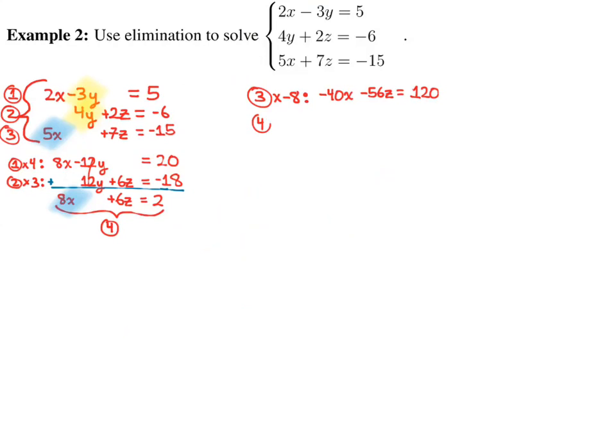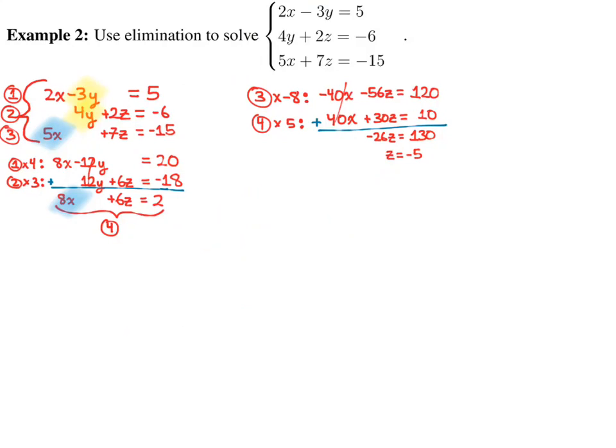Take equation 4, and if you multiply it by 5, you're talking about 40x, and you're talking about 30z, and then you're talking about 10, and if you add them up, then the x's are gone, and you're talking about negative 26z equals 130. Oh man, we're rocking and we're rolling, because then z is just negative 5.